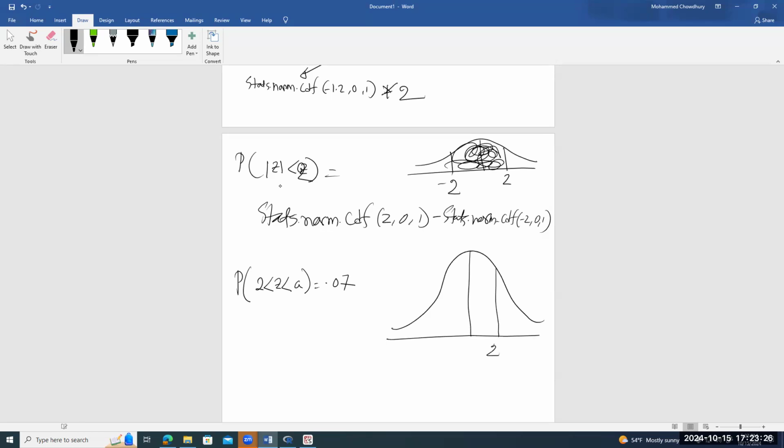This is 2, this is A, and that is given as 0.07. Now find the value of A. Do you understand? I want to give you 7 minutes.